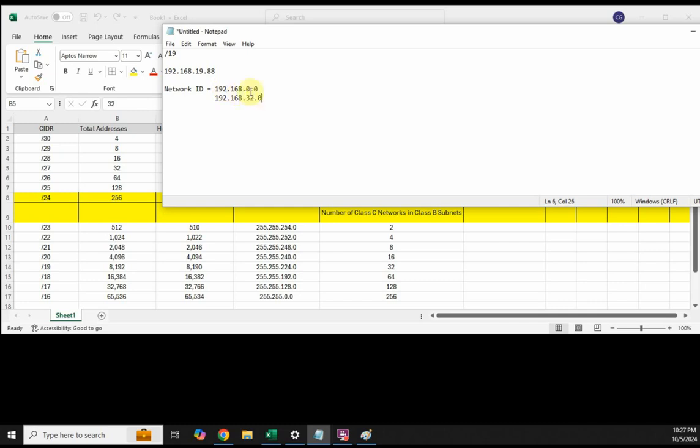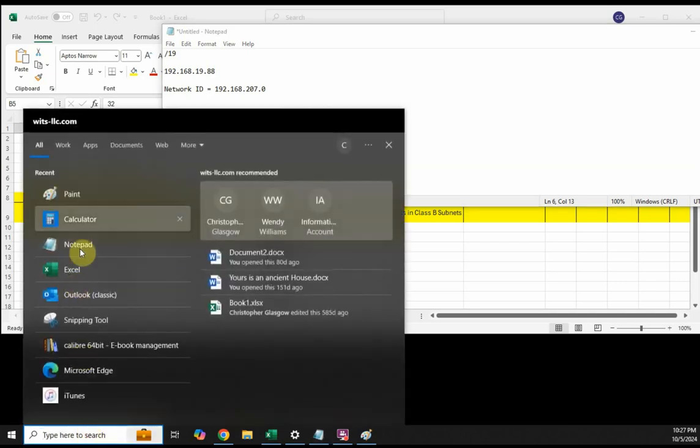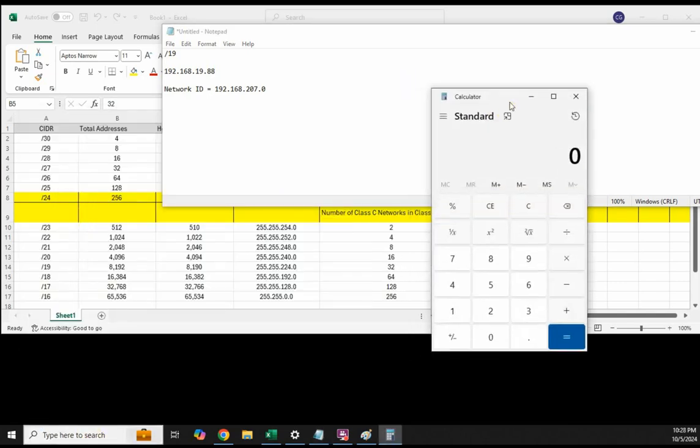So 192.168 dot, I don't know, let's do 207. Where's that sit on a /19? Well, bring up the calculator again. 207 divided by 32 is 6 times.